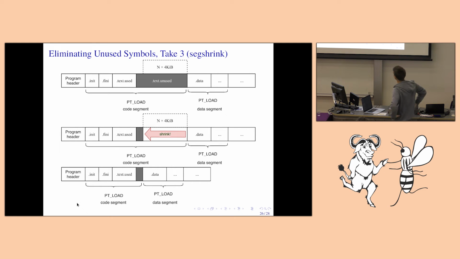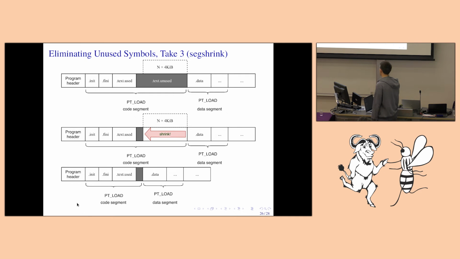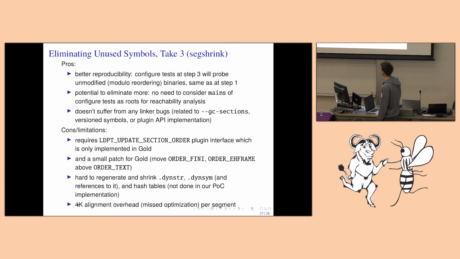So there's a gray little piece there which is unused but cannot be eliminated due to this constraint. So the shrink happens, there you go. We have this shrunken binary now.